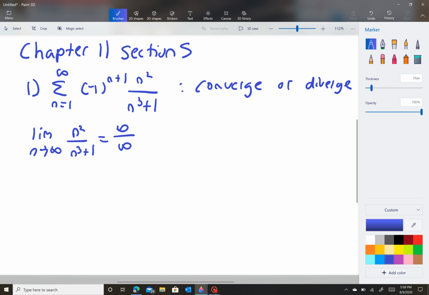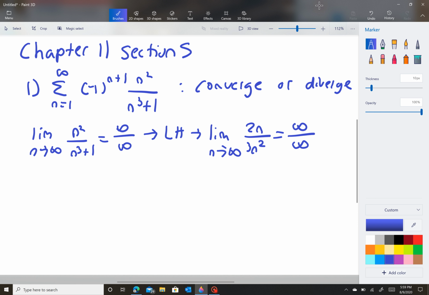If you recognize this from our past lessons, this is L'Hopital's rule, which means I'm going to take the derivative of it. So the limit as n approaches infinity of 2n over 3n squared. We plug in infinity again, and what do you know, we get infinity over infinity.